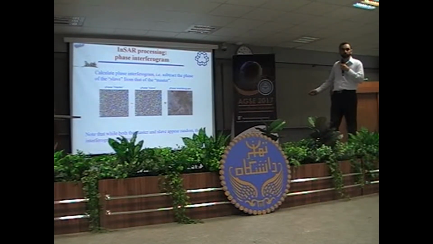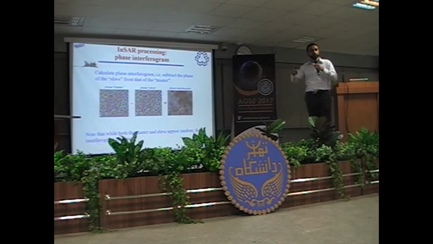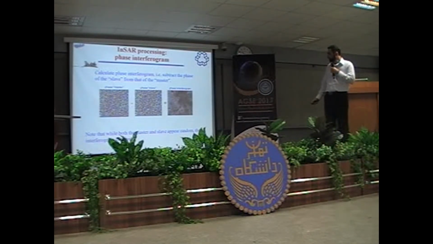It has information. There are different fringes, and these fringes can tell us about the topography, and about the displacement, deformation of the area. So both the master and slave are random, but the interferogram is not.